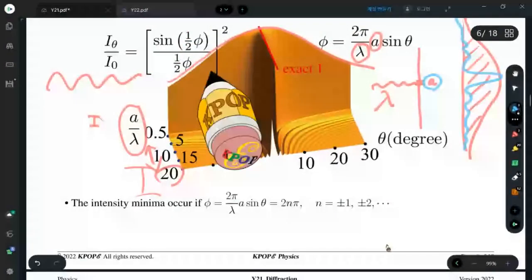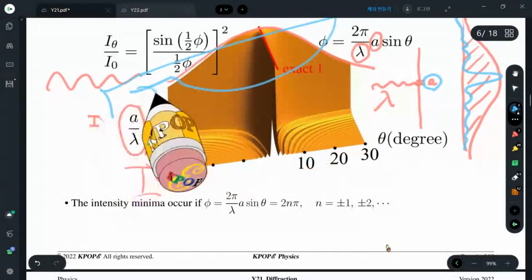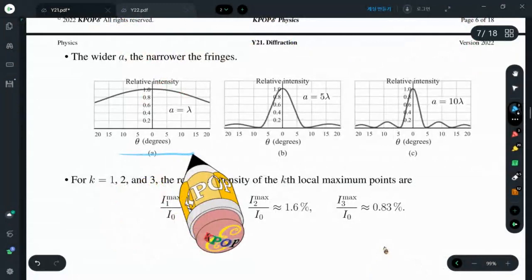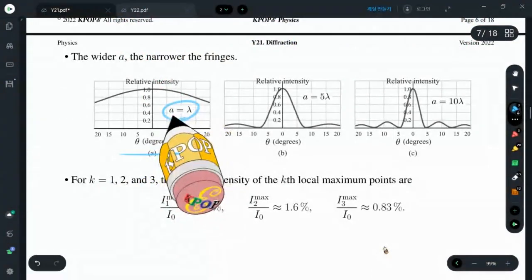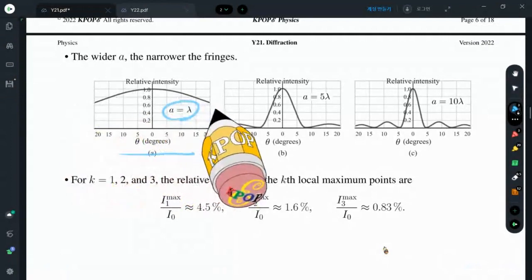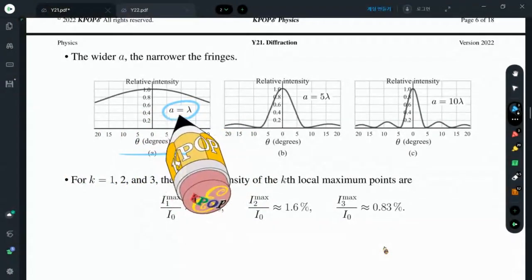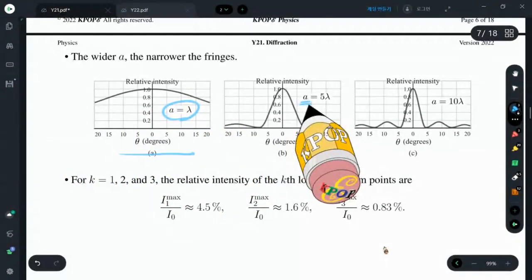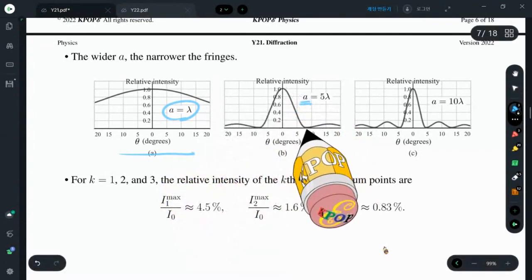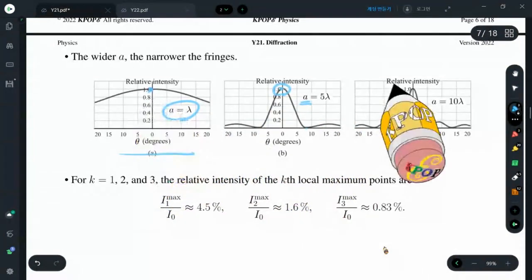So if you cut this three-dimensional diagram with a knife, then you will find the following plots. So you can see A is comparable to lambda. This bump is very wide, and you don't see a wiggly behavior. But as you increase the diameter of an aperture, you will find the wiggly behavior. So bright, dark, bright, central part is always 1.